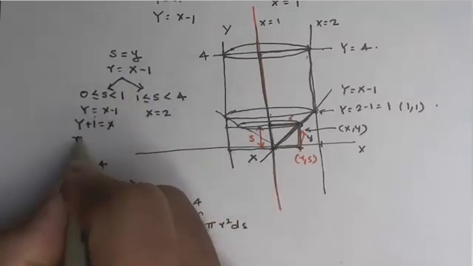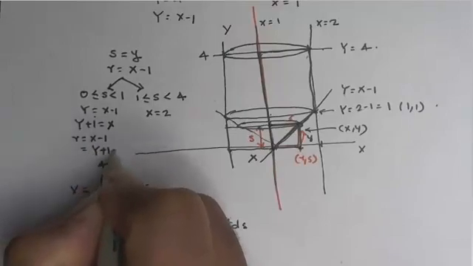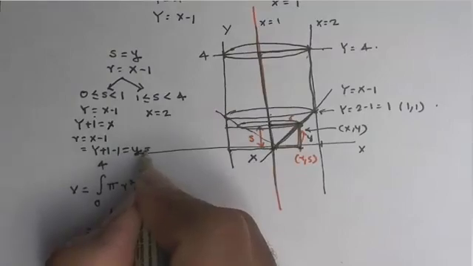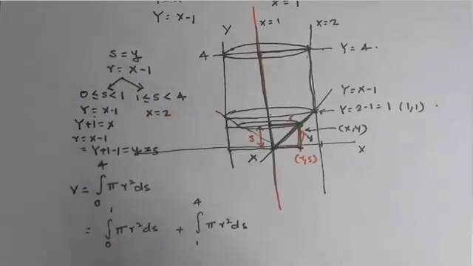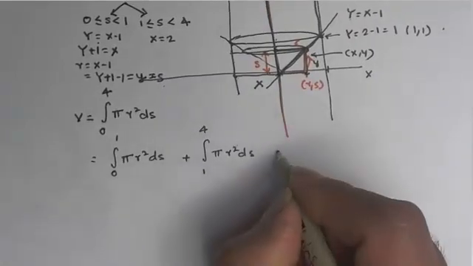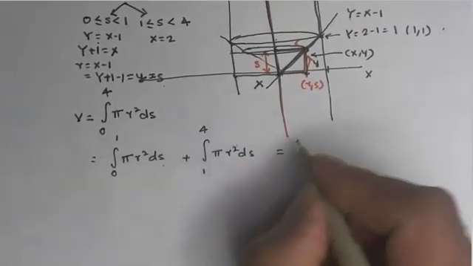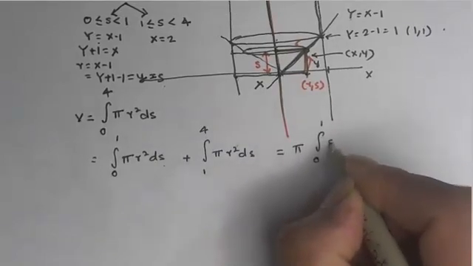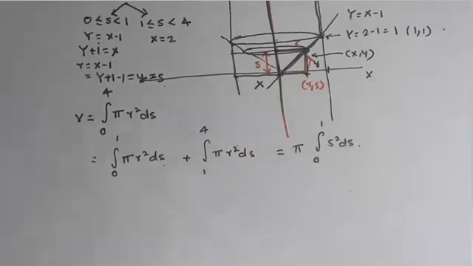So r, which is x minus 1, becomes y plus 1 minus 1, which becomes equal to y, which of course equals s. So between 0 and 1, r equals s, and that means, well, let me write this here. That means the first integral, I'm going to pull the pi out, 0 to 1 is s squared ds.